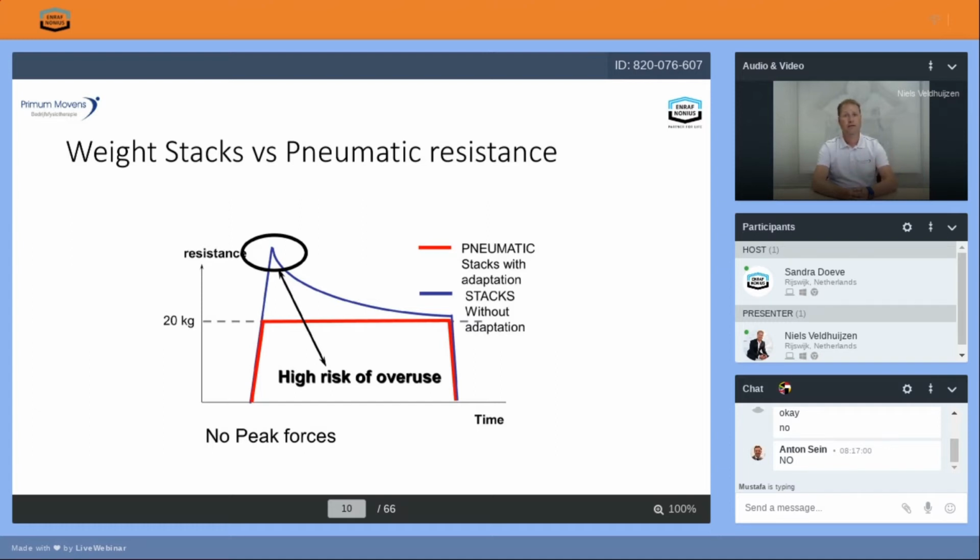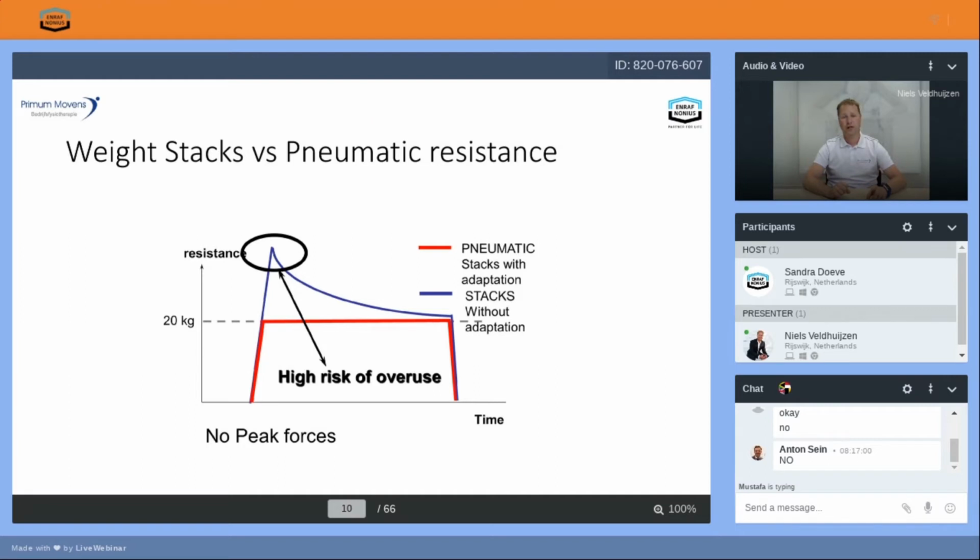And everyone who has ever used a weight stack or trained themselves with a weight stack machine probably knows the phenomenon that if you make an explosive motion, you see the weight fly up in the air and it sort of floats in the air and drops again, and then you get a sudden peak in power.